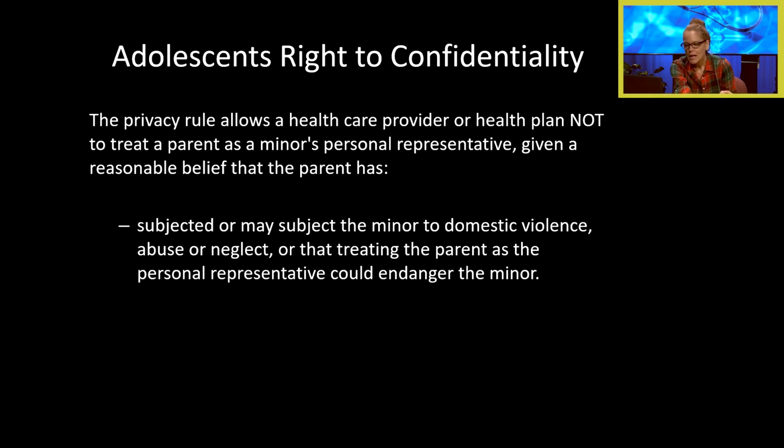So, the privacy rule allows a healthcare provider or health plan not to treat a parent as a minor's personal representative given a reasonable belief that the parent has subjected or may subject the minor to domestic violence, abuse, or neglect, or that treating the parent as the personal representative could endanger the minor. All right, and you're going, what case would that be in?